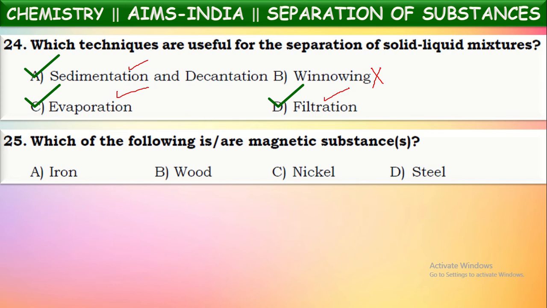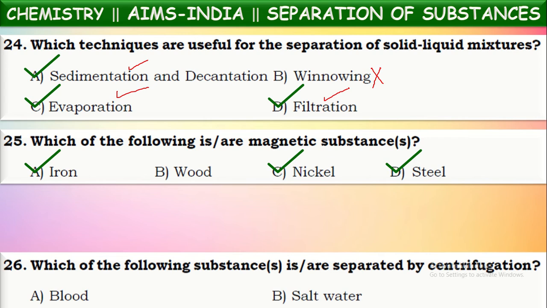Wood, plastic, rubber, these won't be attracted by the magnet, so they are called non-magnetic. Whereas the remaining, iron, nickel, steel, these all are attracted by the magnet, hence they are called magnetic substances.